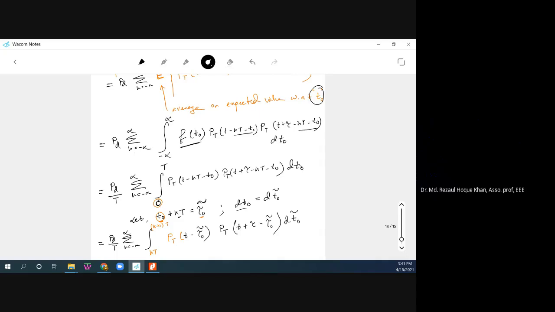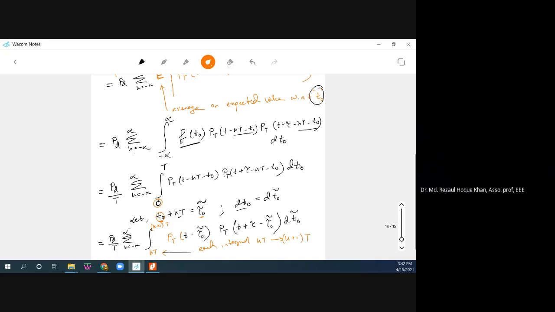So still, now here something happens. You see this one here, each integral starts from kT to (k+1)T, right?